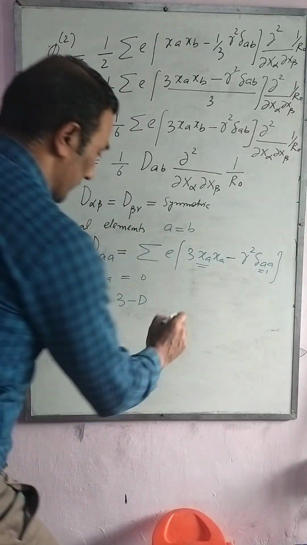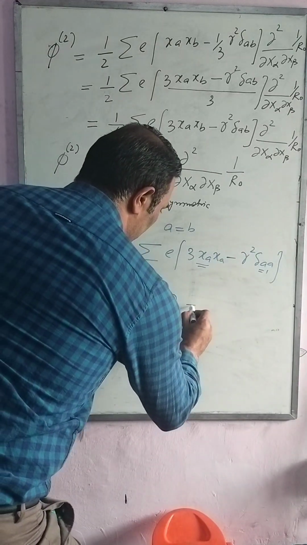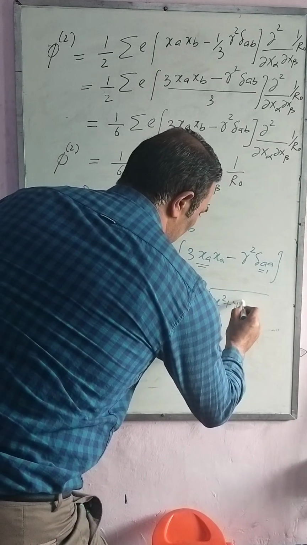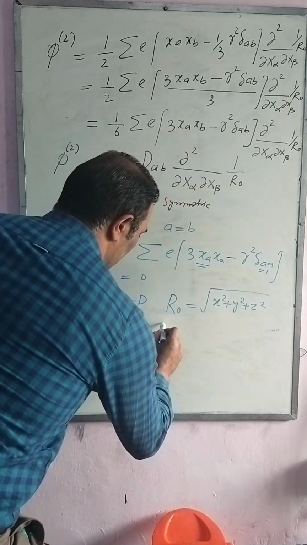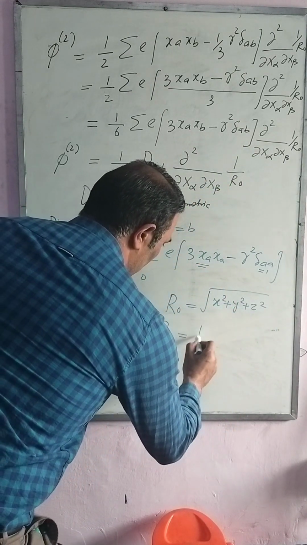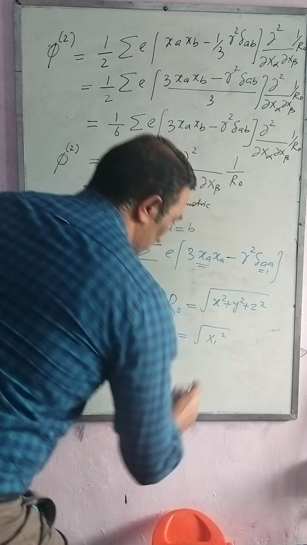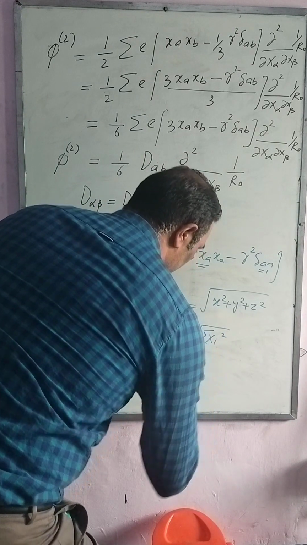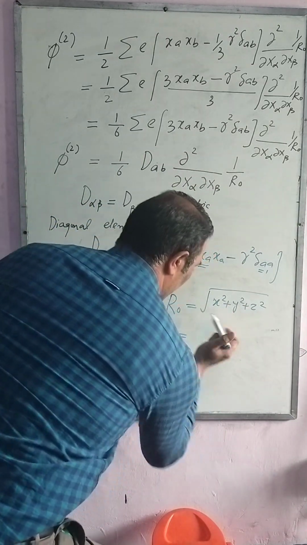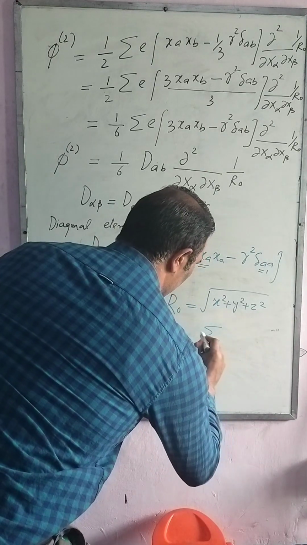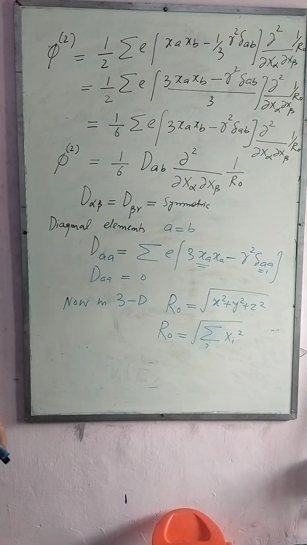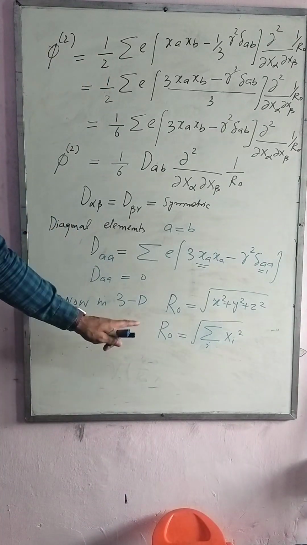right? So we can write this R naught, so R naught I can write as summation over I. You can write this as summation over I. Now that is because we need to evaluate this term.